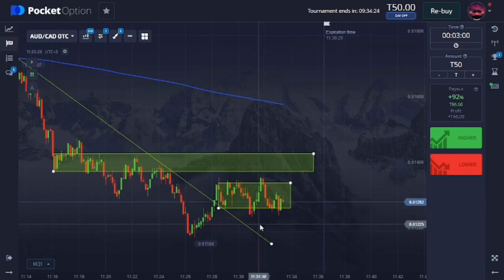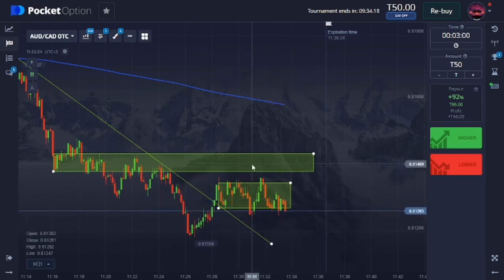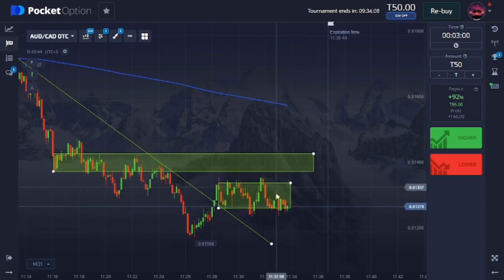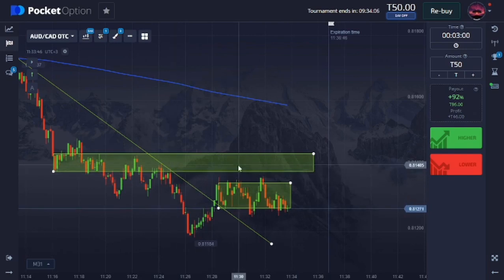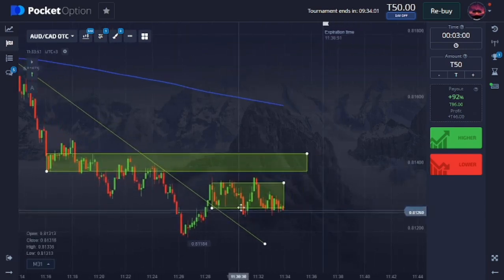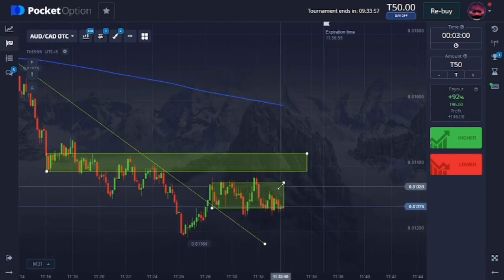It seems like it wants to break this strong resistance line to the upside. In order for the price to break these kinds of resistance and supports, it has to consolidate in some area, because that's what it is doing.